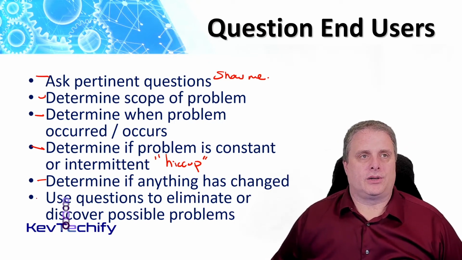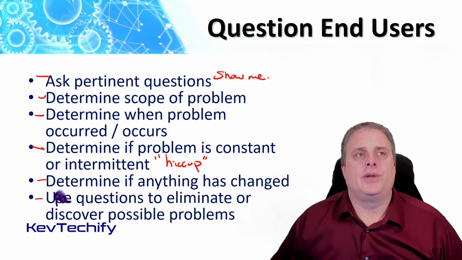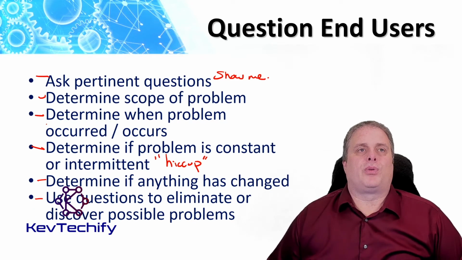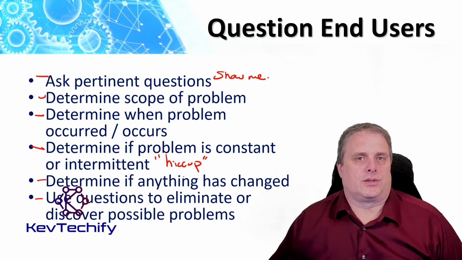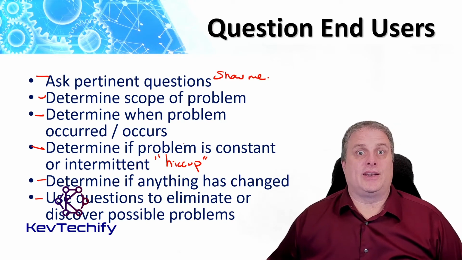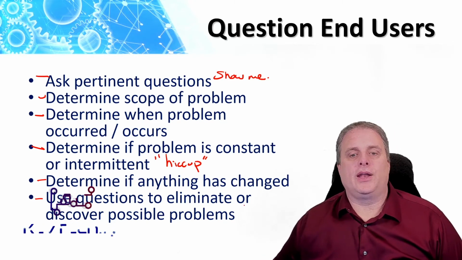And then the last one here. Use questions to eliminate or discover possible problems. One of the things as you're having this conversation, ask them what works. I mean, we're discussing everything that doesn't work, the reasons for it, but then ask them what works.